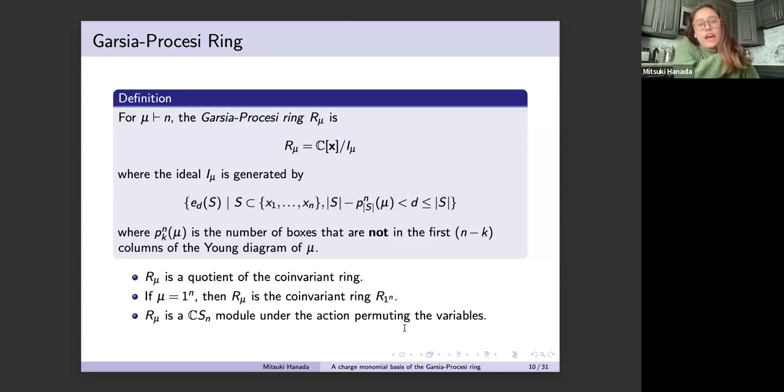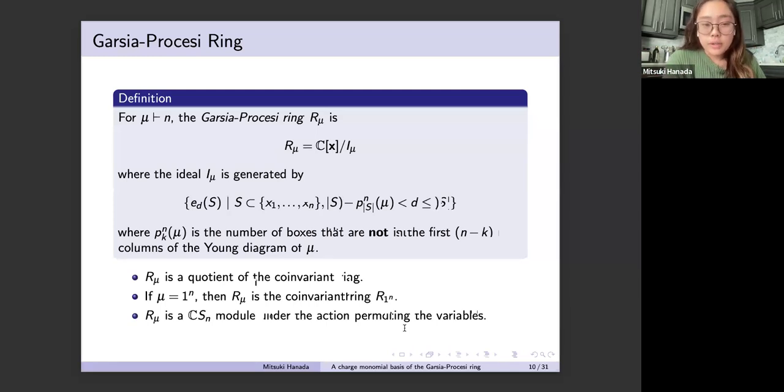We also have that this is still an S_n module under the action permuting the variables, because the ideals we get are still going to be S_n invariant. These quotients also arise naturally in geometry. Our coinvariant rings are cohomologies of the complete flag variety. If you take the complete flag variety and look at its cohomology ring, that's isomorphic to the coinvariant ring as graded algebras.